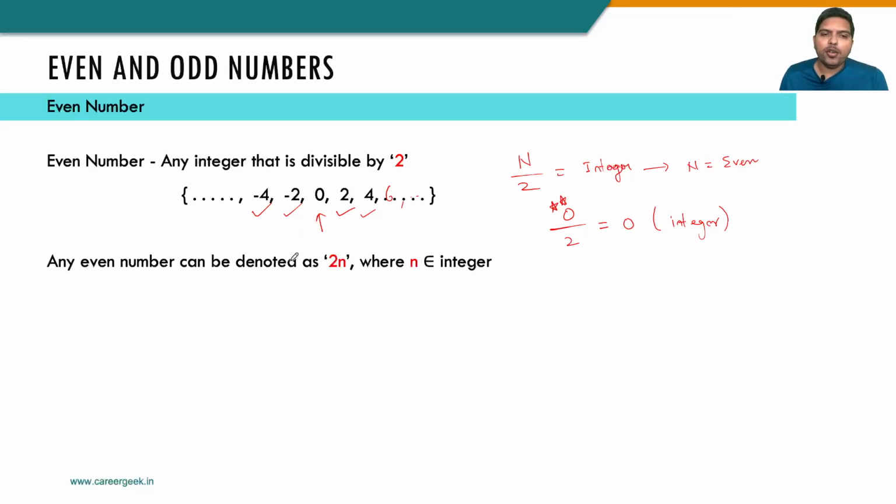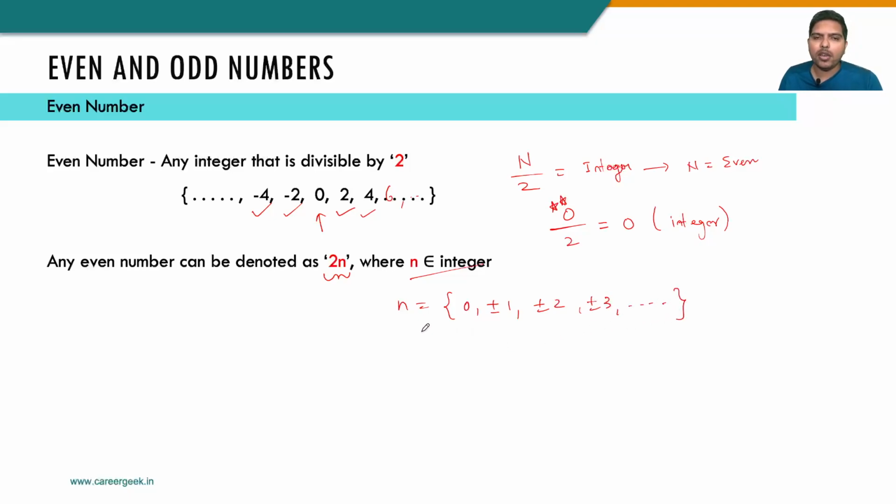Now, how do we denote any even number? Any even number can be denoted by 2n, where n belongs to any integer. Let's say n I can take as any integer. What are integers we have seen? 0, plus minus 1, plus minus 2, and so on, right?